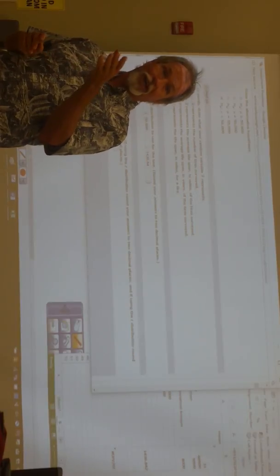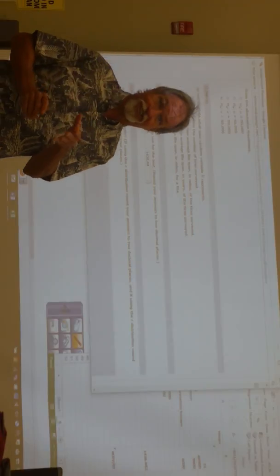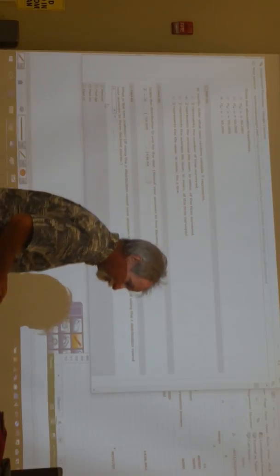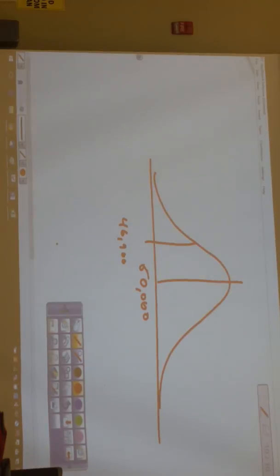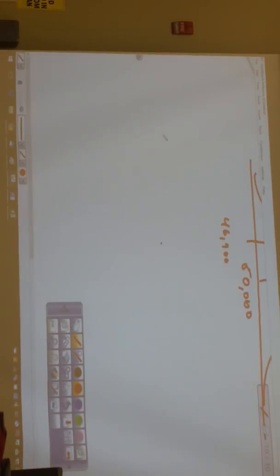The calculation for the test statistic is still the same. I am often going to label it this way. I don't care whether I call it Z or T, it's still the test statistic. I still calculate it the same way.